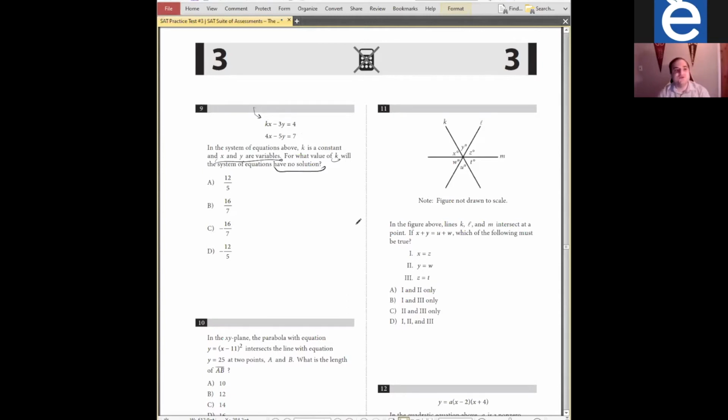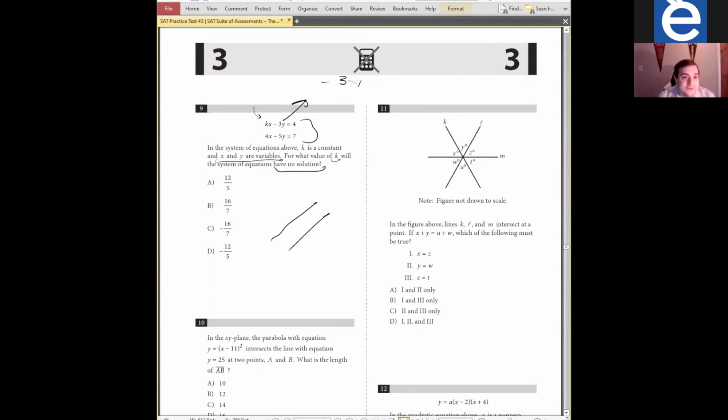No solutions means the lines are parallel. So if we take these and stick them into y is equal to mx plus b form, it will have no solutions when the slope is the same, right? So let's give that a shot. I'm just going to convert these into y is equal to mx plus b form.